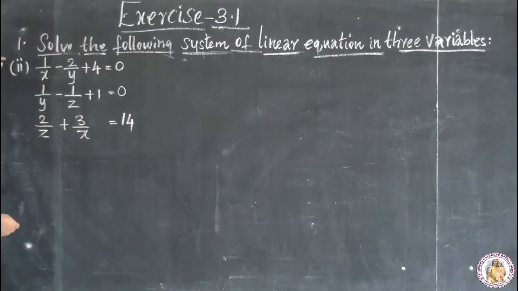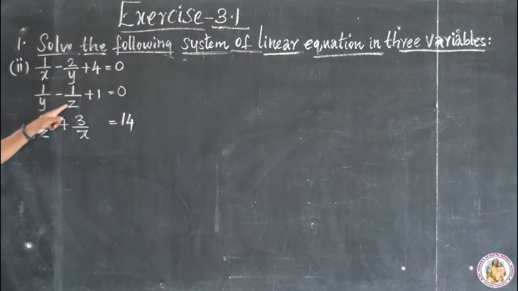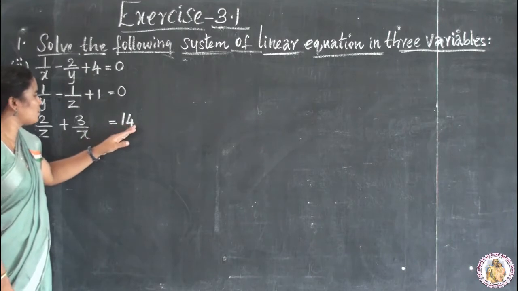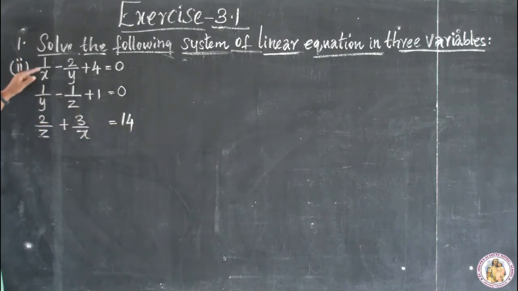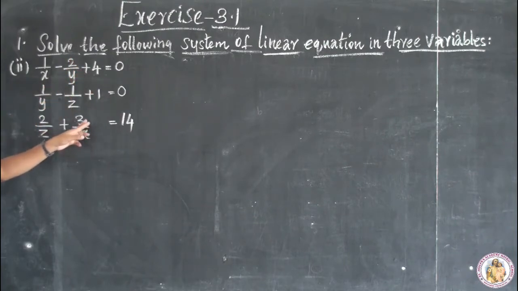Now let us move on to the second sub question: 1 by x minus 2y plus 4 equal to 14. Here you can see in each and every equation one variable is missing. Here we don't have z, and here x, and here we don't have y.